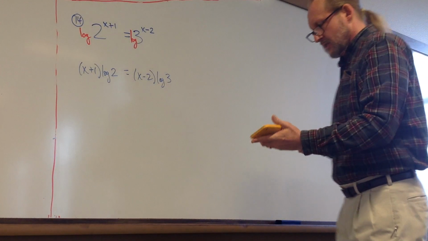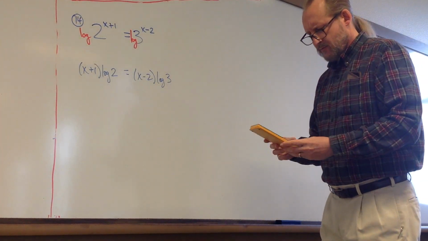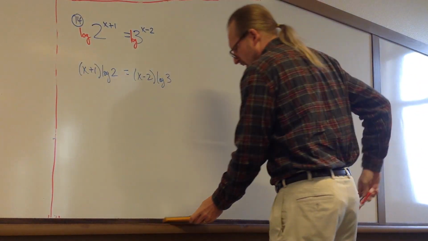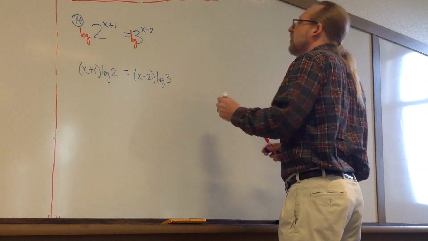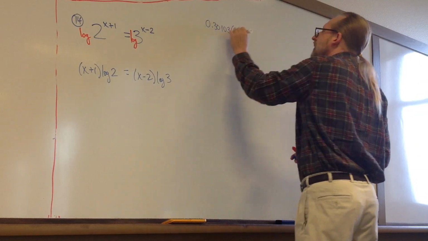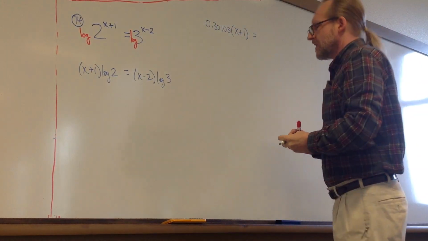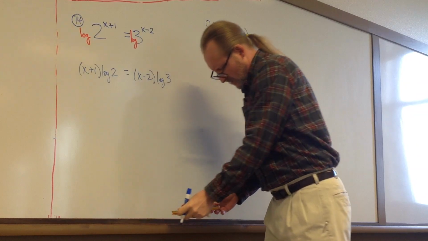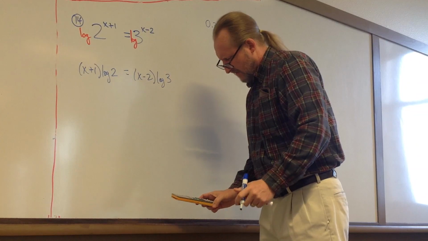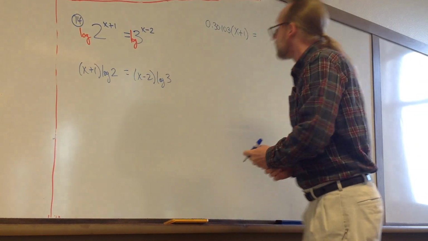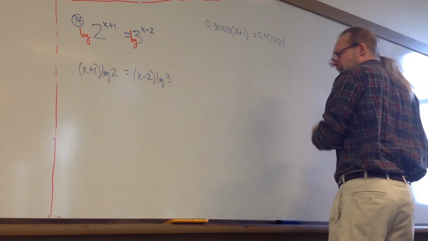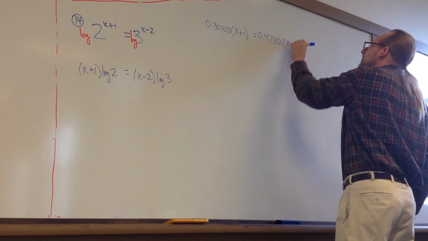Alright, so first we want a good approximation for the log base 10 of 2, and I think 0.30103 is a good approximation there. And log base 10 of 3, 0.47712. And this is times x minus 2.